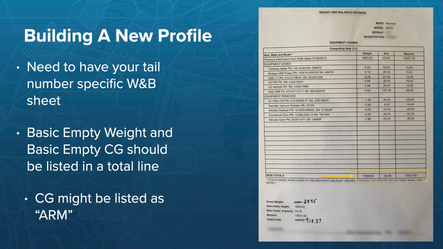We're looking at one for the Mooney, but I've seen these forms in all different configurations. You just want to make sure you have the specific one for your aircraft. And as you see here, your basic empty CG might be called ARM. Those are interchangeable for the total here. Let's take a look at that and see what it's like to build out a profile.